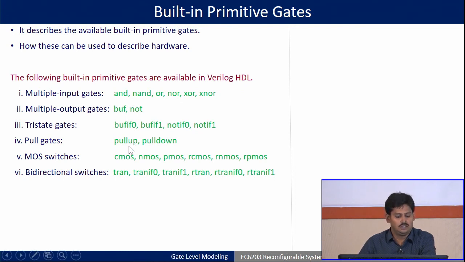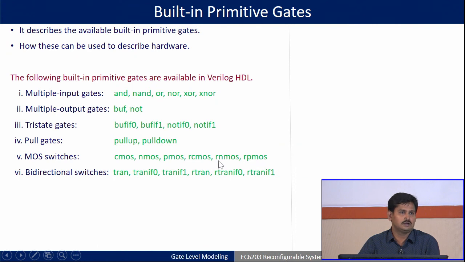Similarly, there are 2 gates here, pull up and pull down. The last 2 are the switches. To realize switch level, actually transistor level design, the corresponding transistors supported are NMOS, PMOS, and CMOS, both combined, then RCMOS, RNMOS and RPMOS.